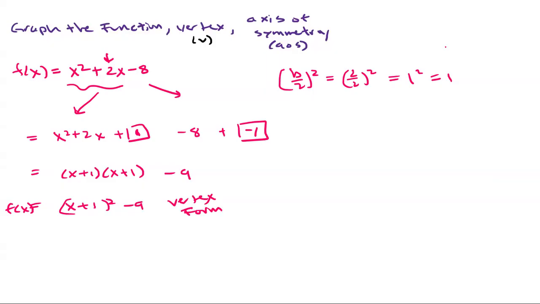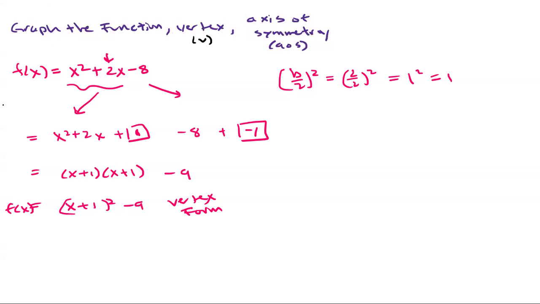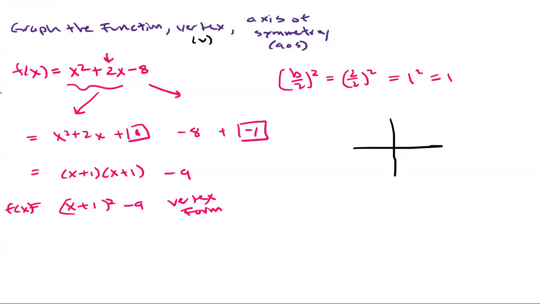Okay. All right. So now when we graph this, we want to graph the h and k. So in this case, h and k, which is the vertex, is going to give us -1, -9, right? So again, always opposite of what you think.